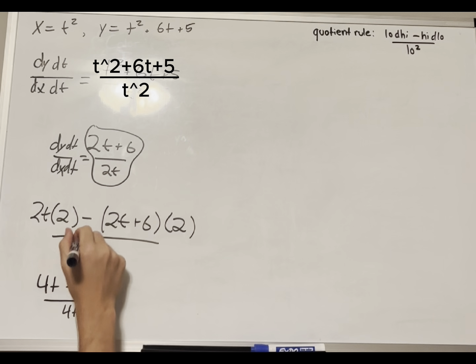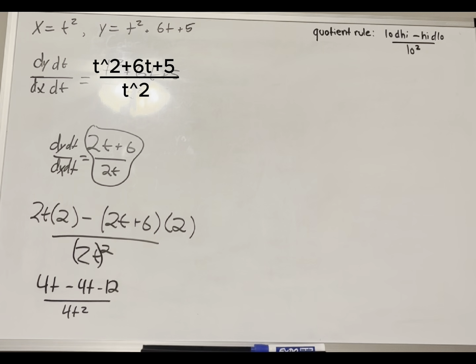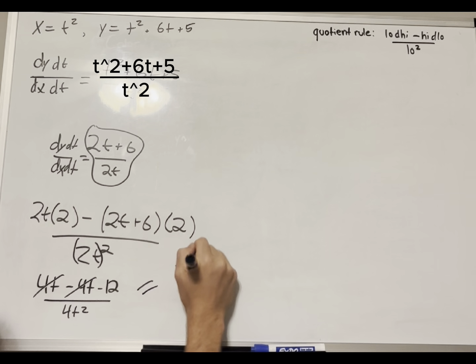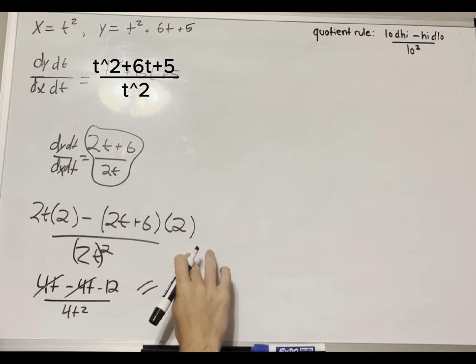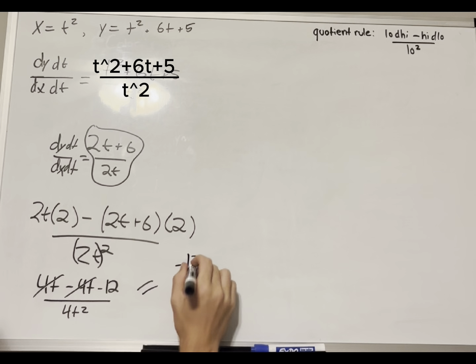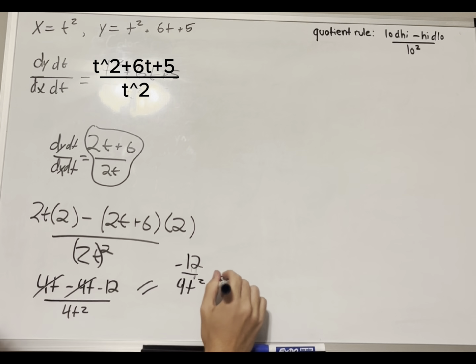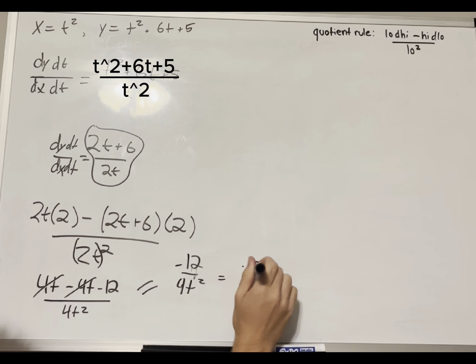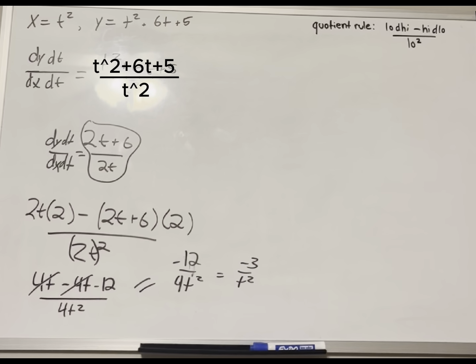I guess that should have been parentheses. And then you'll notice 4t minus 4t, those just cancel out. So then your first value will be negative 12 over 4t squared. And then you can take out the 4, you get negative 3 over t squared.